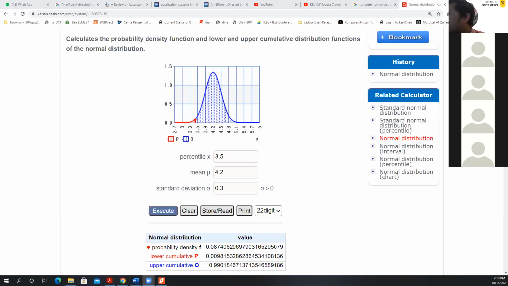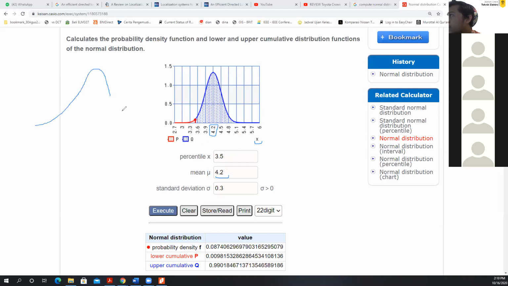You can see here the mean is 4.2, so just write 4.2. The x depends on the problem, because we want to know the probability that the maximum assembly time is 3.5.